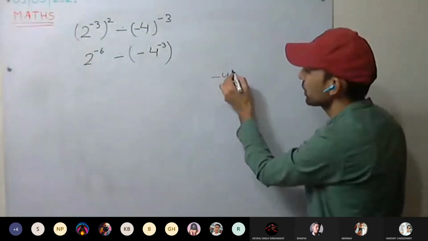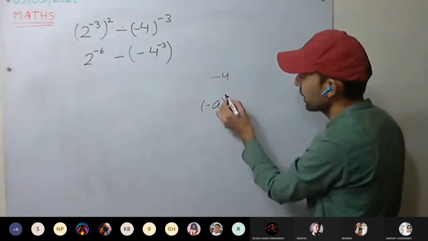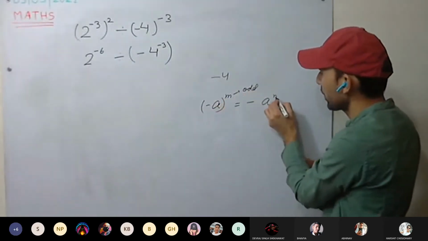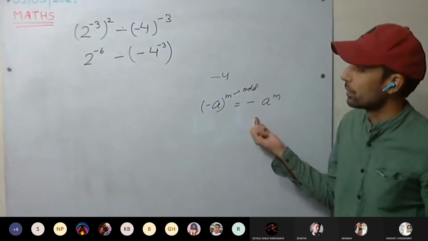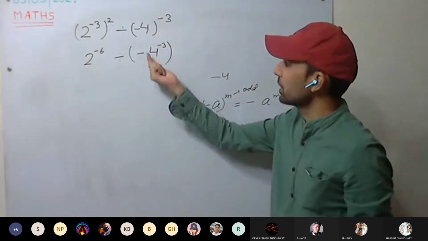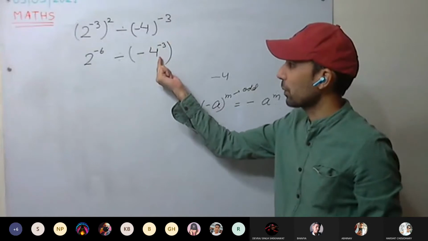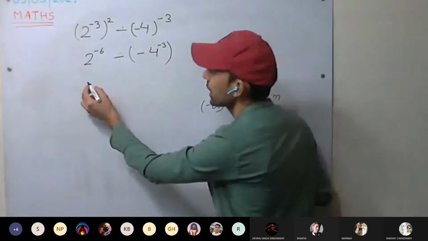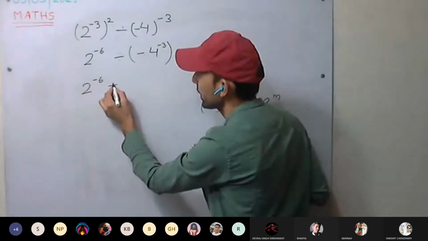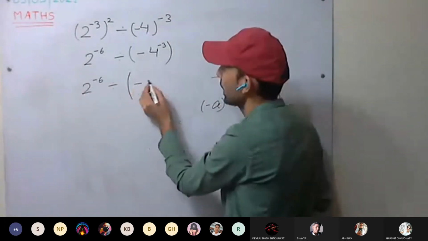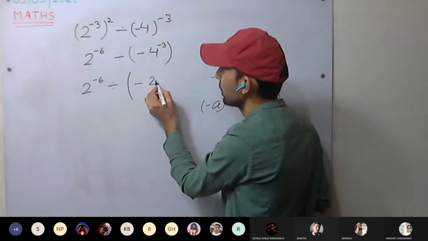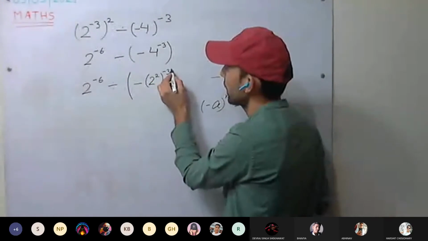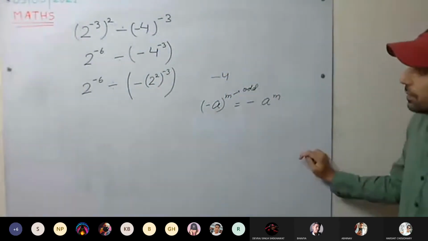It is like this: minus a raised to power m, where m is odd, we can write as minus of a raised to power m. Yes or no? So I have removed the minus from the power. Minus of 4 raised to power minus 3. This is fine. 2 raised to power minus 6 divided by minus, we can write 4 as 2 raised to power 2 whole raised to power minus 3.